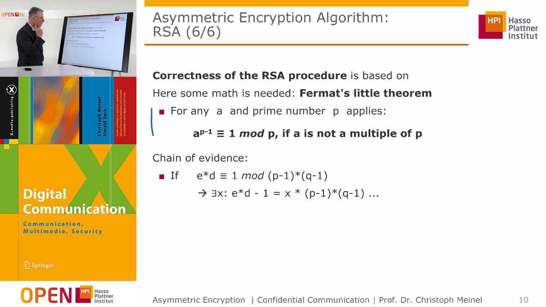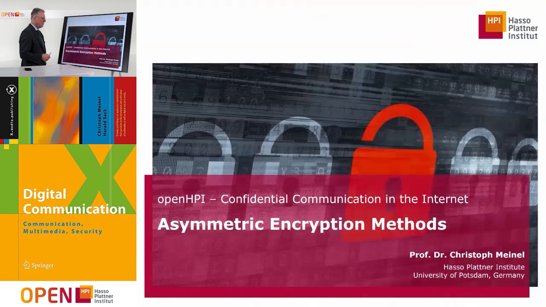So the chain of evidence now: if e times d equals 1, this was exactly how we computed the private key d from the selected e, then there exists an x with the property that e times d minus 1 is x times p minus 1 times q minus 1. So this is a little bit complicated. It's not necessary to understand this to the full extent.